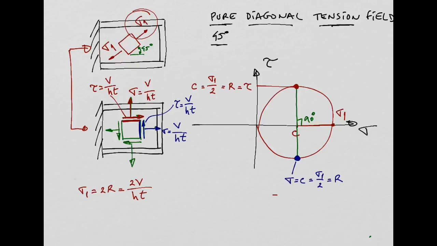So it means along this direction at 45 degrees is going to be overloaded, yeah? So we need to make sure then that this overloaded portion of the web transfers this load to the posts and to the flanges, and that the flanges and the posts are able then to carry that load. Yeah? That's why we need to calculate now the forces in the flanges and the posts.